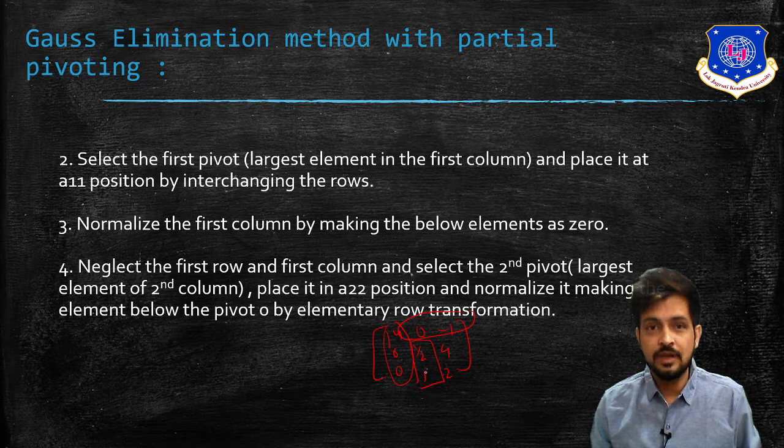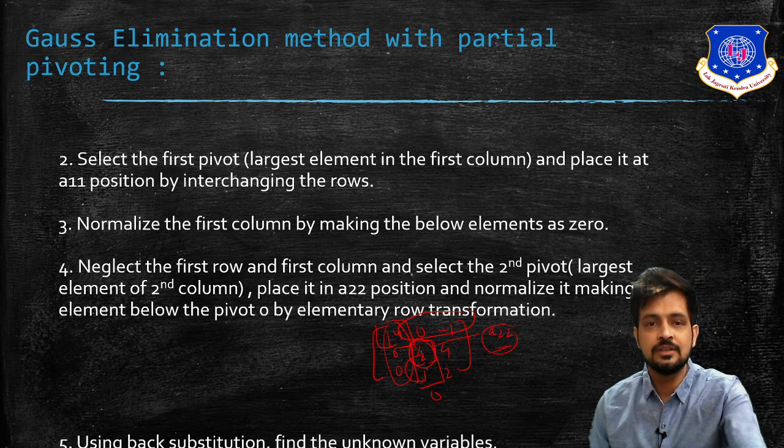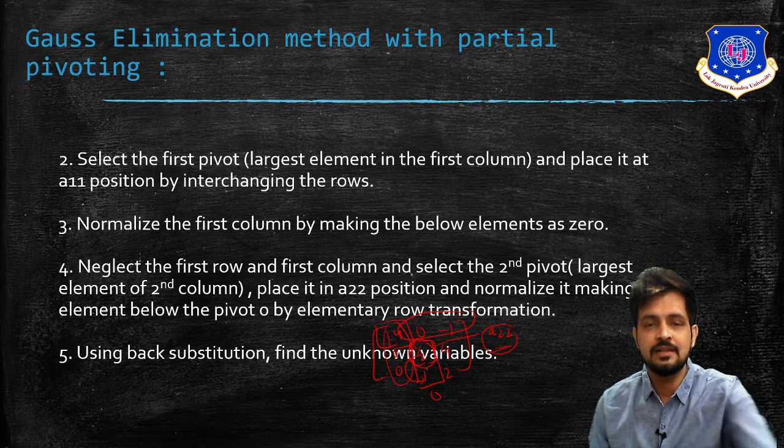Out of these two, we select one more pivot, that is the second pivot, and the second pivot is to be kept at A22 position. Here the first pivot will come, and here the second pivot will come, and the second pivot is used to make this element 0, and again we are converting the whole matrix into upper triangular form, and then after using back substitution you can get the answer.